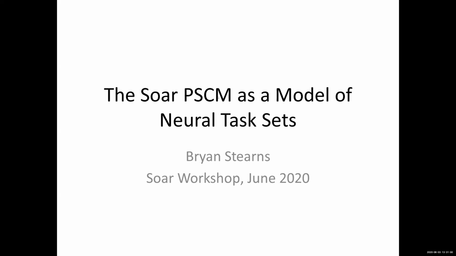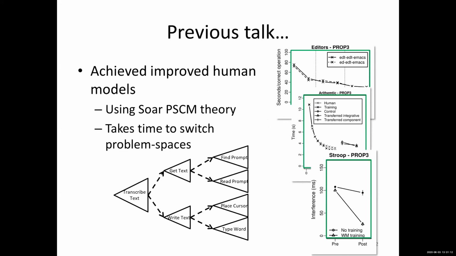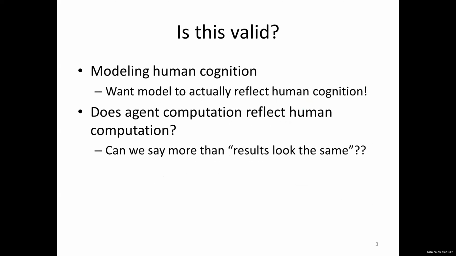All right, so I talked about Prop 3, and now I'm going to talk about how this might interact with neuroscience theory. So I talked about how you can use the problem space computational model and how this involves time to switch problem spaces and you get good results. But is this valid?